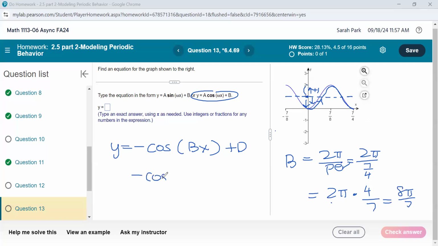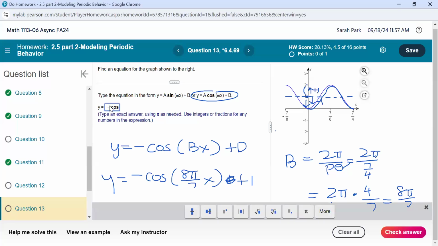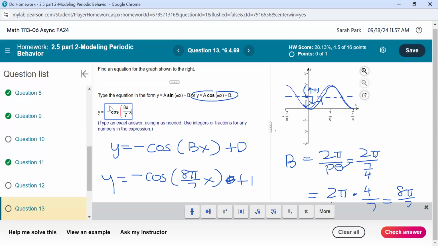So we know this is 8 pi over 7 x. And then the midline is your shift, so that's at 1. So this is y equals negative cosine of 8 pi over 7 x, close that, and then add our midline shift.